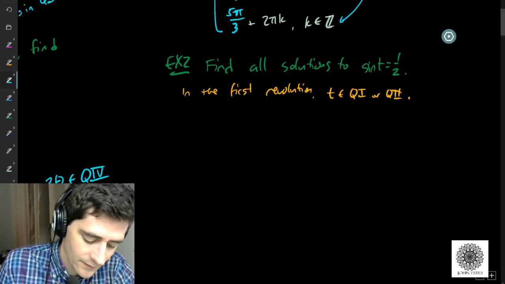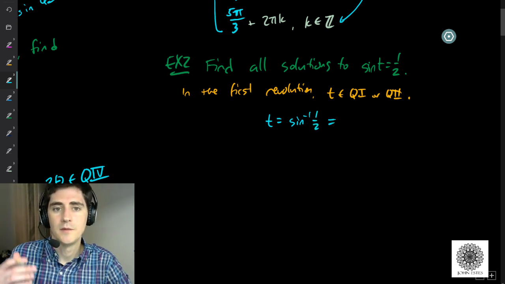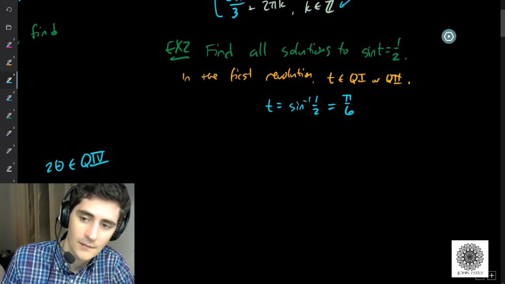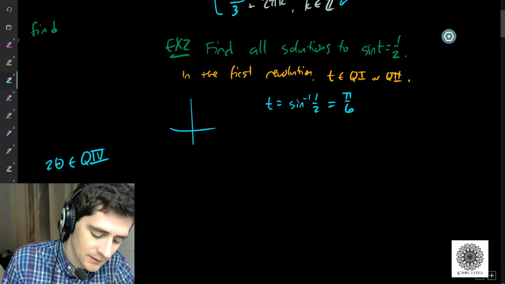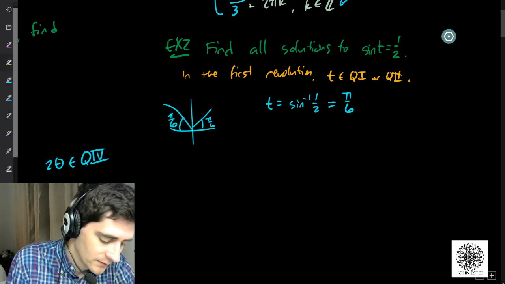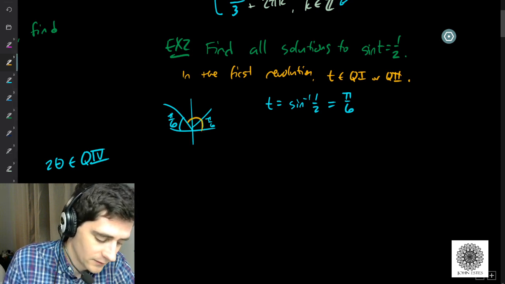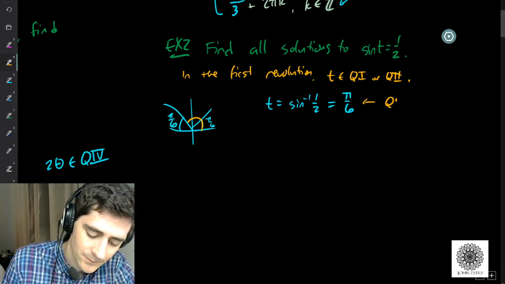So if I said t equals sine inverse of 1/2, when does sine become 1/2? At pi over 6. So that's my first quadrant solution. If you want to visualize it, here's pi over 6. Now my second quadrant solution, I have a pi over 6 reference angle. So how do you find this angle?